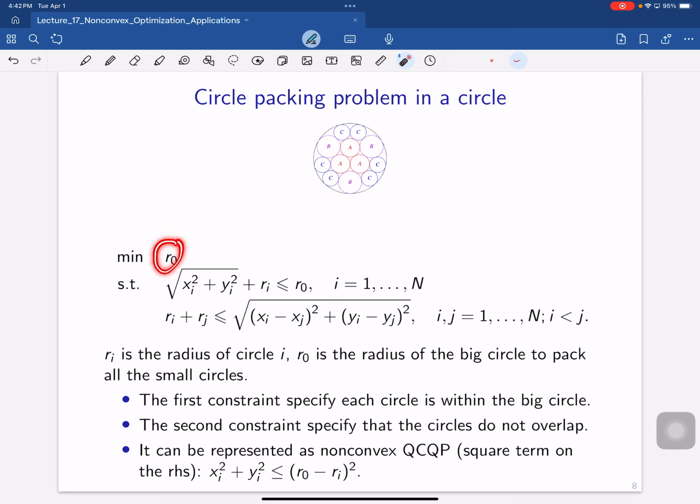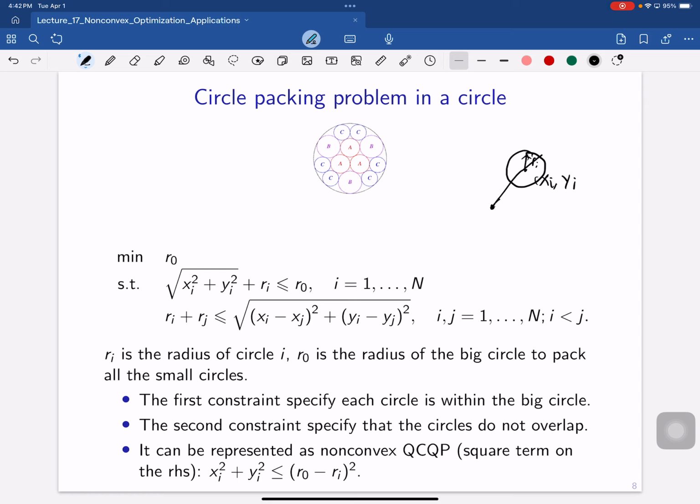Assuming R_0 is the radius of the big circle, and r_i is the radius of circle i. The first constraint specifies that each circle is within the big circle. Consider the origin here, and the coordinates of a small circle are x_i, y_i, and its radius is r_i.